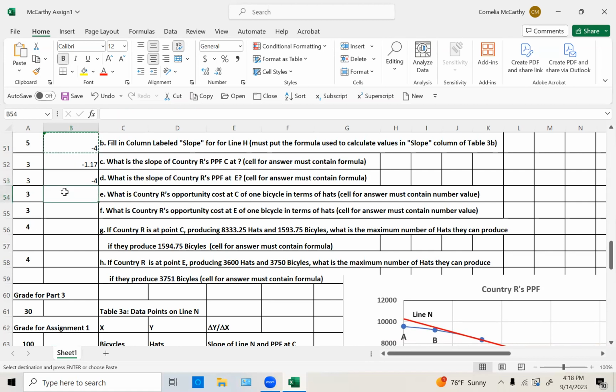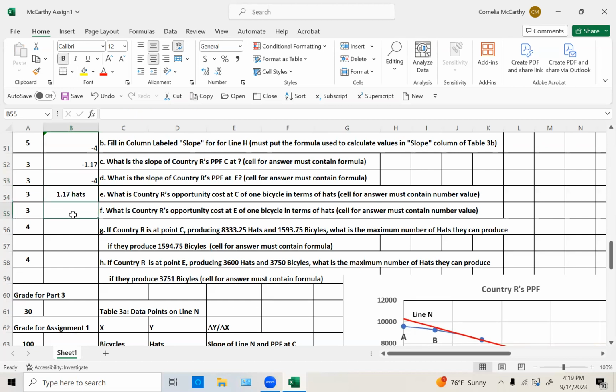As soon as I say absolute value, the minus sign is going to go away. And we're going to modify it by saying 1.17 hats. So if this country wants to produce one more, they're at point C in terms of their production, they want to produce one more bicycle, they're going to have to give up producing 1.17 hats to do that.